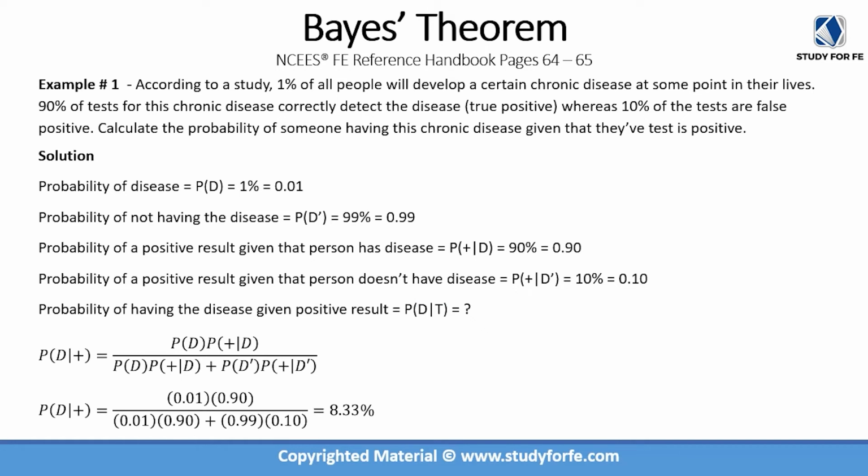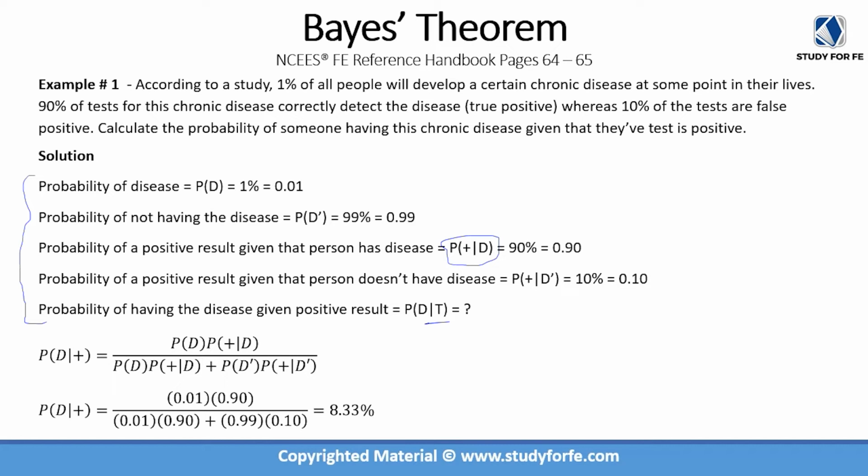Now, if you look at all of these probabilities that you have identified, you are given the probability of positive given that the person has the disease, and you're being asked to calculate the other conditional probability, that is, the person actually has the disease given that the test was positive.